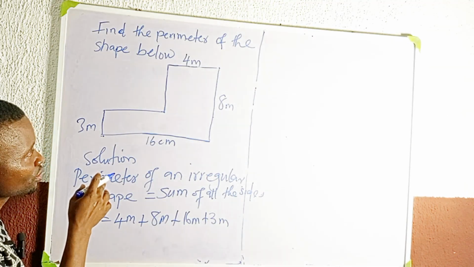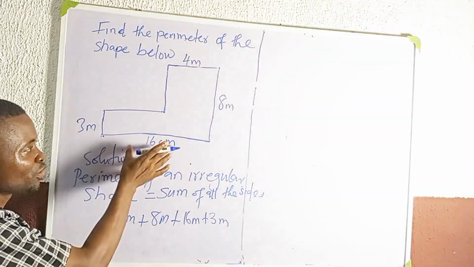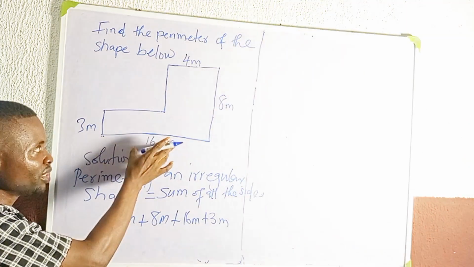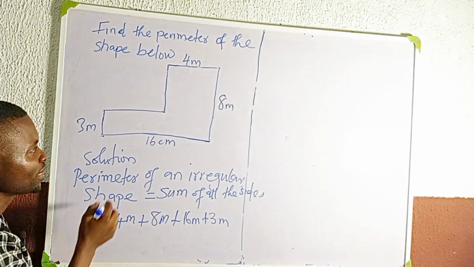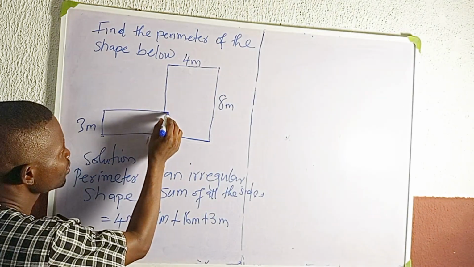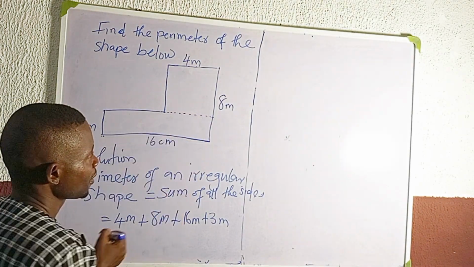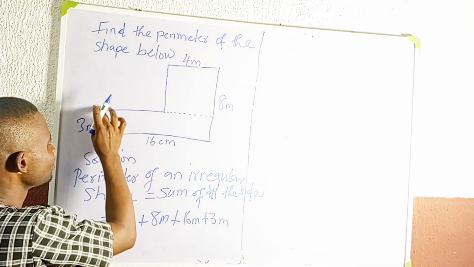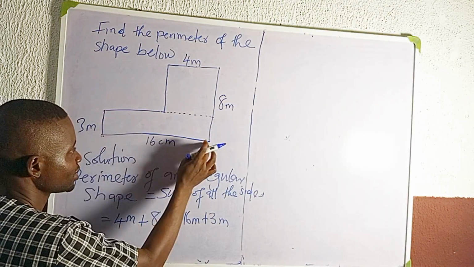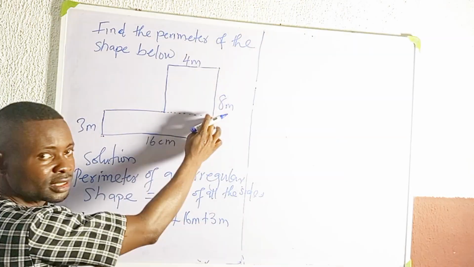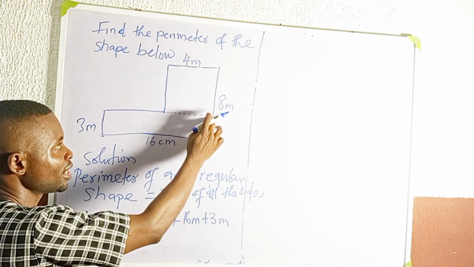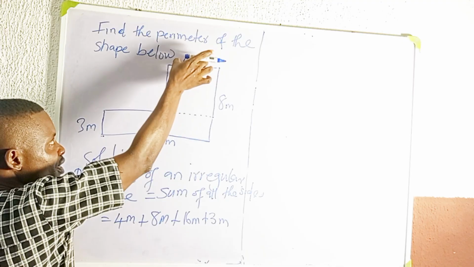The examiner would want us to use the opposite sides or the side that is given to find out what should be here. Now, in this case, you can extend this line to this point so that this line will be equal to this line. And if here is 16, from here to here is also 16. And the opposite of this has been given.